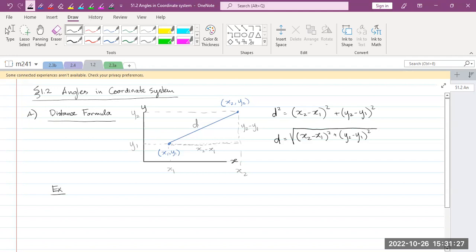Suppose, for example, we want to find the distance between negative 3, 5 and 1 comma negative 7.